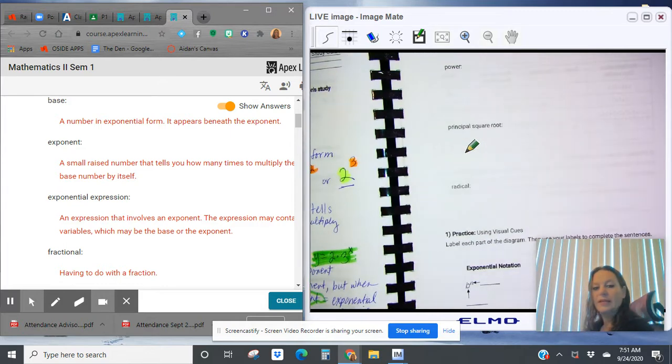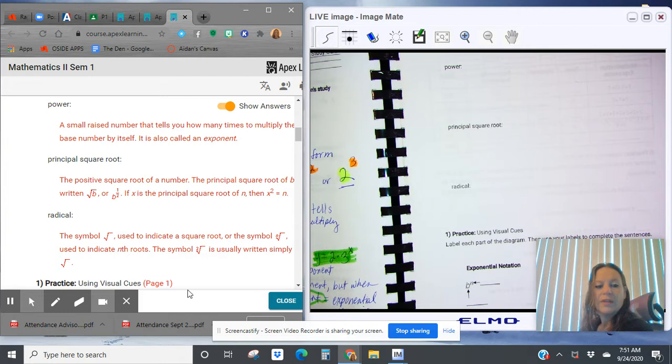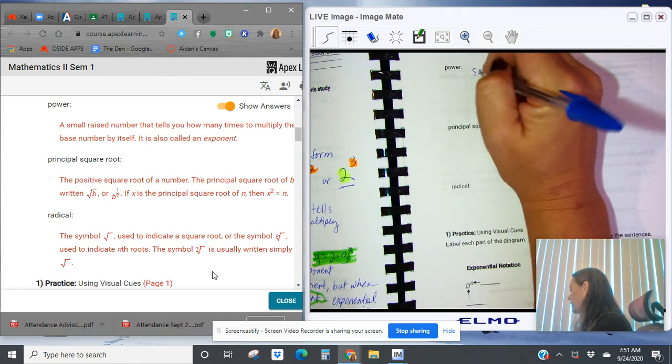All right, here comes a power. This is a small raised number, basically the same as an exponent.